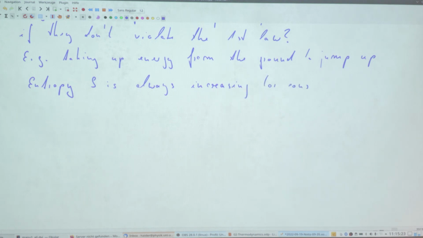It's very important that we consider closed systems, because often people ask, humans like us here are in a state of very low entropy.